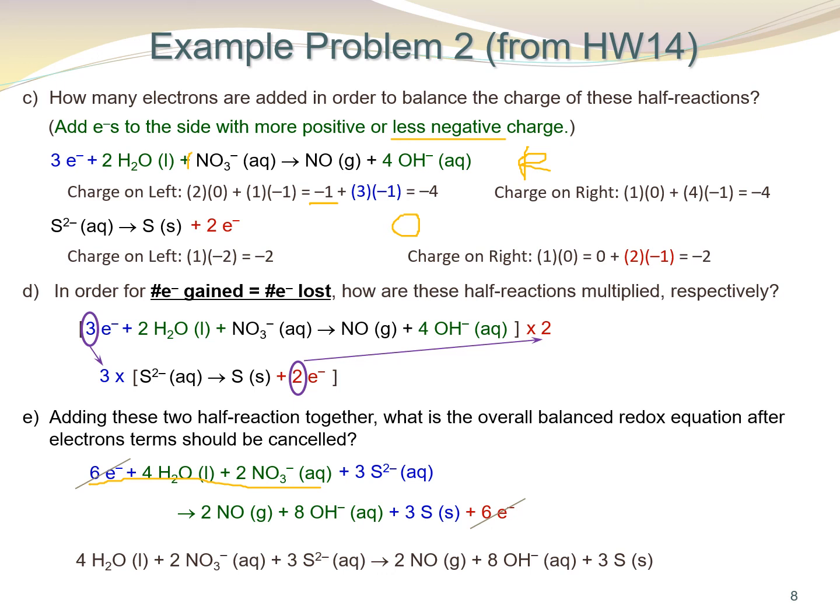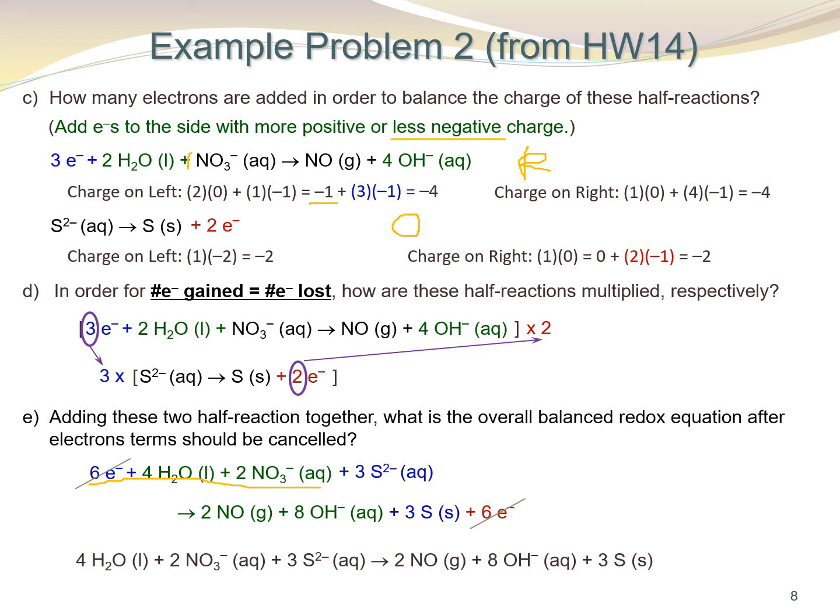There are 3 tasks for us to go through in order to balance half reactions. First, balance species. Even before we add H plus and water or OH minus and water, we need to balance the atoms other than oxygen and hydrogen. That becomes our very first step. Second step, we determine whether to add H plus and water or OH minus and water.